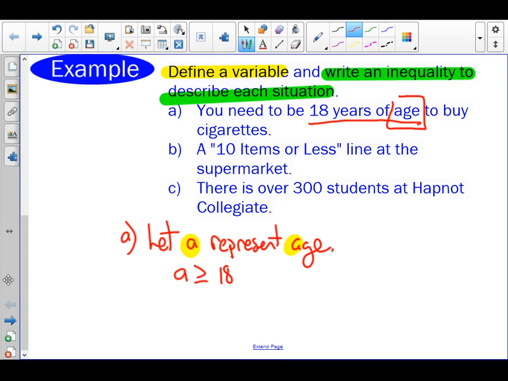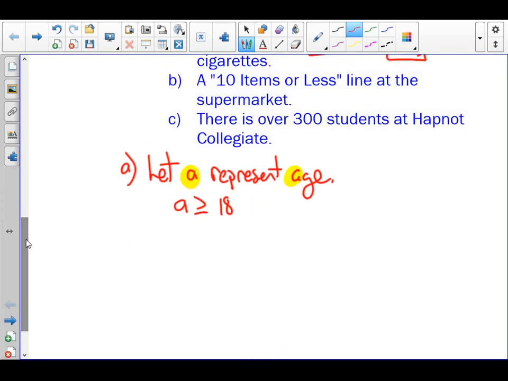And with that, we're moving on to the next example. You have a supermarket and it has a 10 items or less line. Otherwise, the grocery clerk will look at you and say, you have to go to a different till.